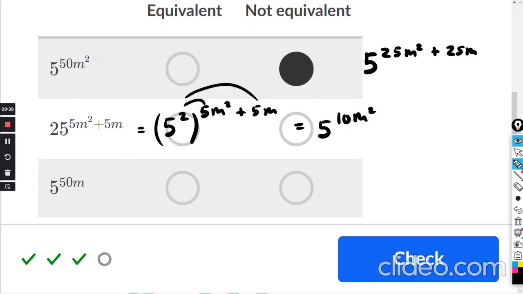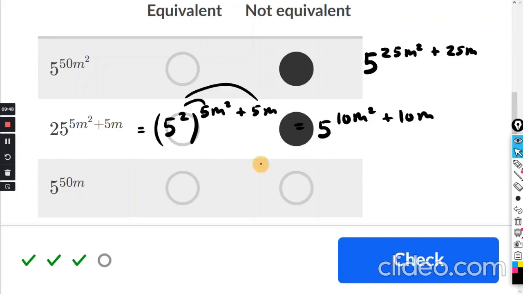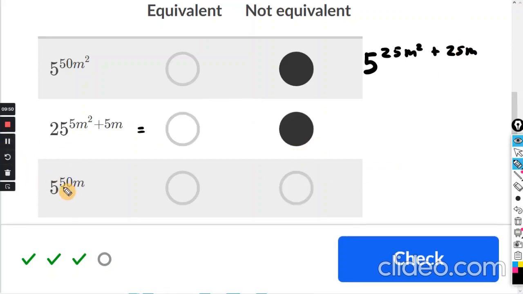And 2 times 5m is 10m. So we can clearly see it does not match. That one's not equivalent. Okay, this is 5 to the 50m. Again, there is no way to convert this here to 50m. So that one is also not equivalent.